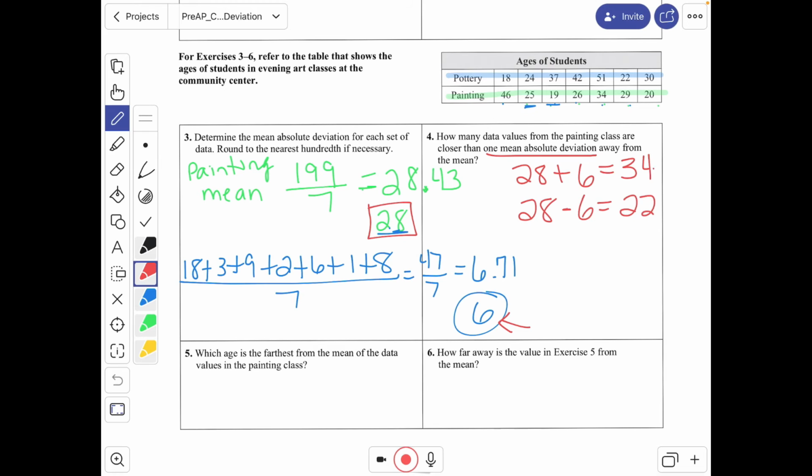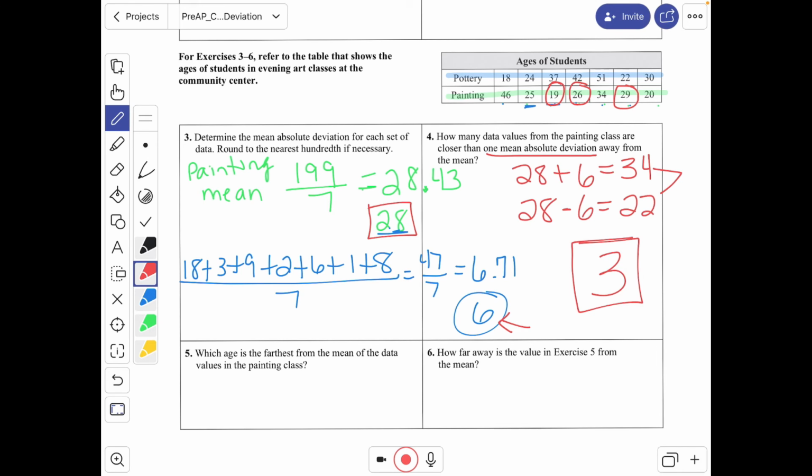So we're looking for numbers that are between 22 and 34. That one's between 22 and 34, and so is that one and that one. 34 is not in between, so that's not closer. So there are 3 that are closer than 1 deviation.